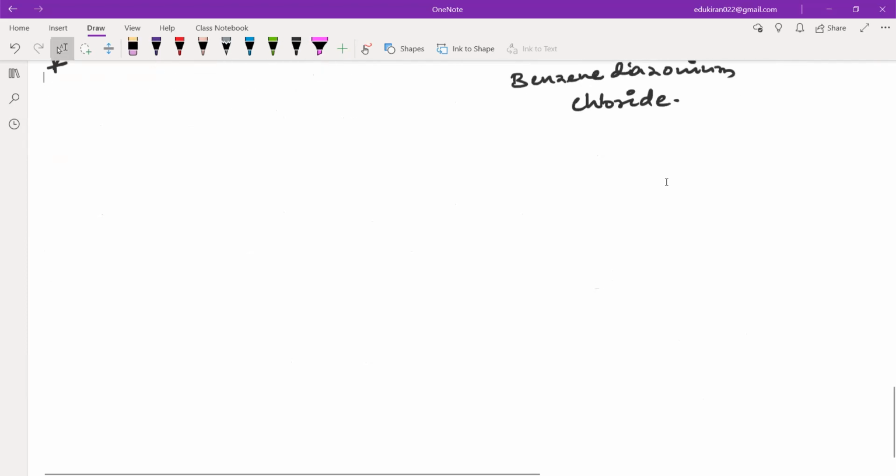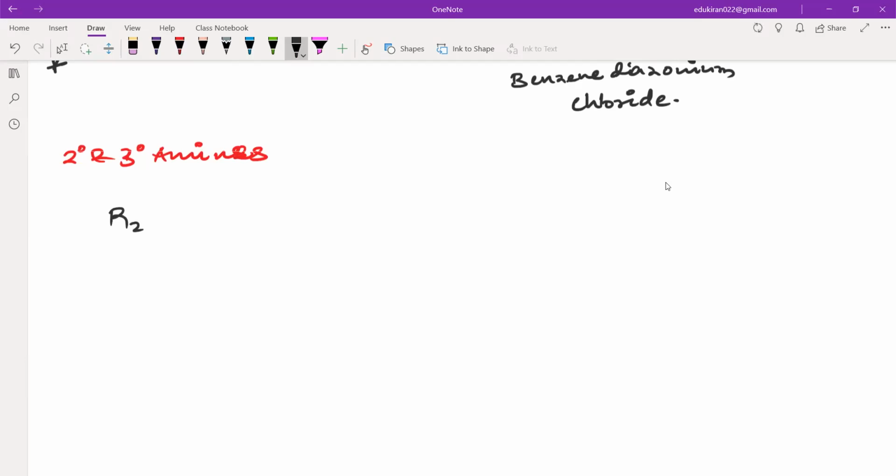So all those secondary and tertiary amines, these are not there in syllabus. The reactions of nitrous acid with 2 degree and 3 degree amines, it is not there, but you can write.